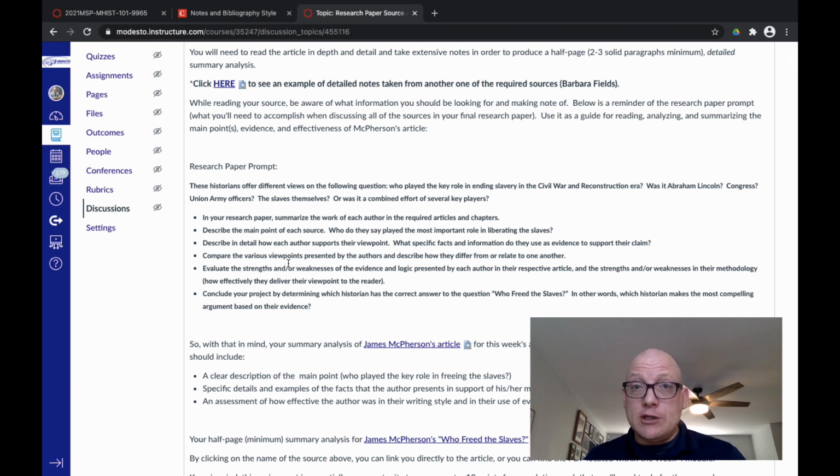But instead of just putting it into notes, you actually had to now take those notes for this one source and then type up a summary analysis, with this prompt in mind here, discussing in depth and detail their main points and their key pieces of evidence, and ultimately your assessment of how effective McPherson was. All right, so this was a practice run really at step 2, extracting all of the information, getting all of your notes together, and step 3, converting those notes into paragraph form.